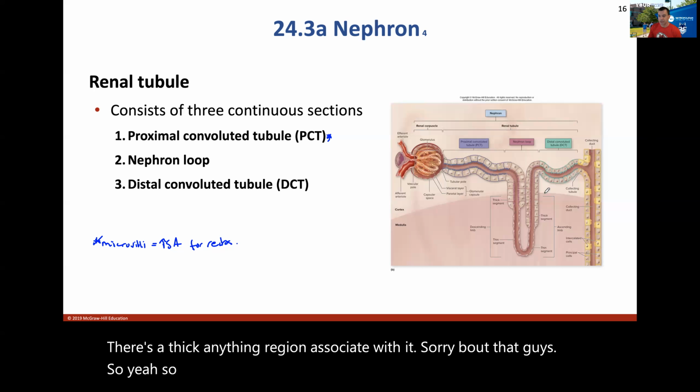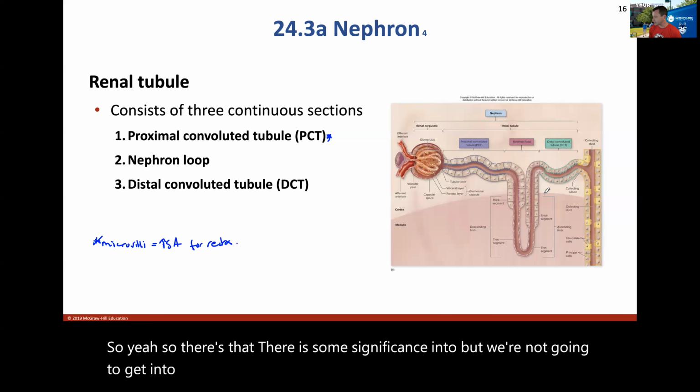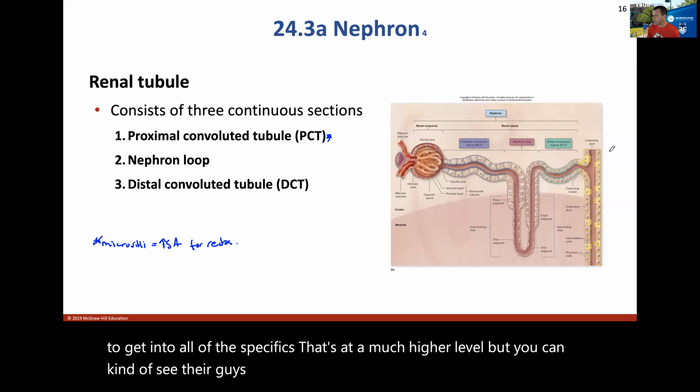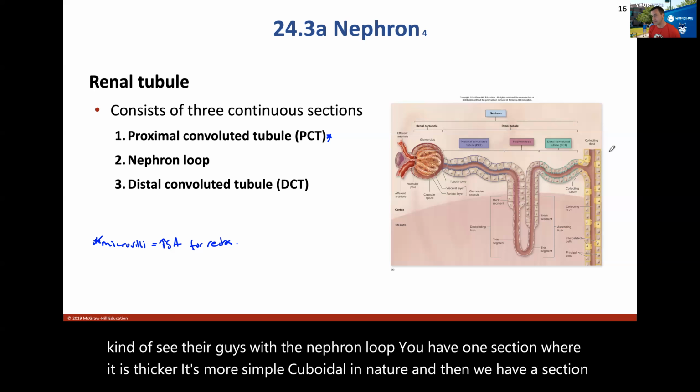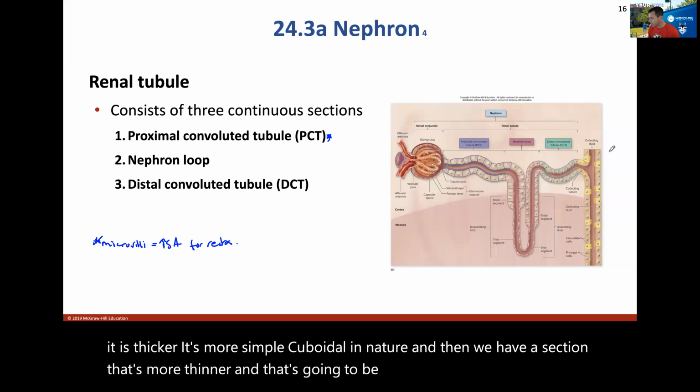There is some significance to that, but we're not going to get into all of the specifics. That's at a much higher level. But you can see there, with the nephron loop, you have one section where it is thicker. It's more simple cuboidal in nature. And then we have a section that's thinner, and that's going to be more simple squamous in nature.